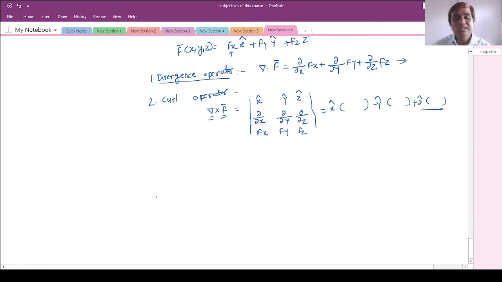That quantity is called the divergence of the vector. So the divergence gives me the total net flow of the fluid from the box per unit volume.